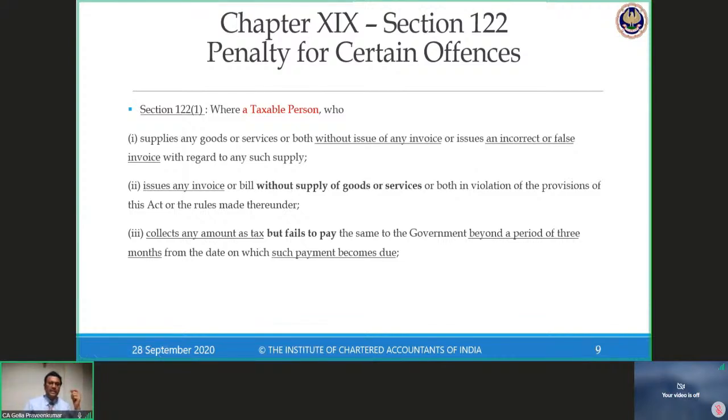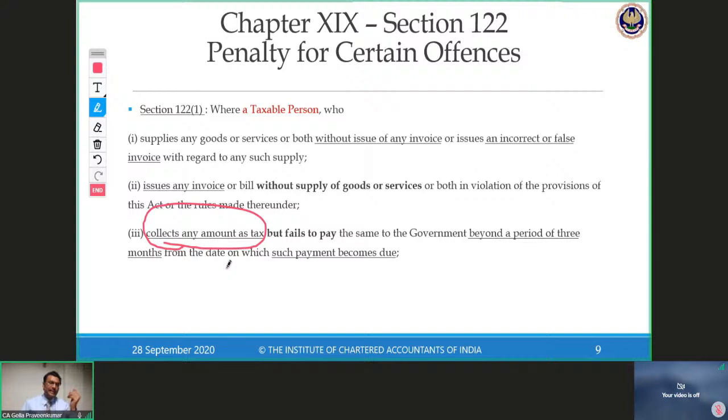Then third, collects any amounts as tax but fails to pay the same to the government beyond a period of 3 months. Now, this is another interesting factor. Sir, there is a collection of a tax. Will there be a possibility that a tax which was collected but failed to be paid to the government? Definitely, yes.